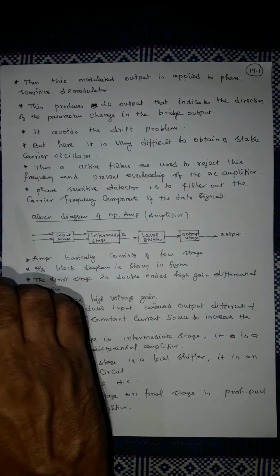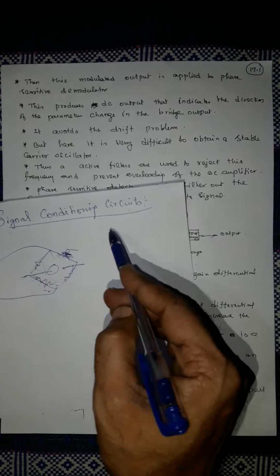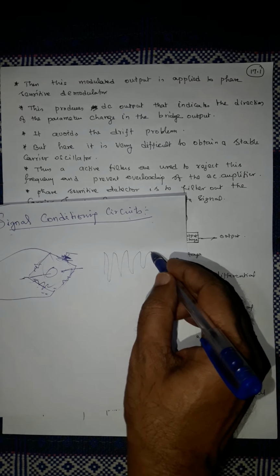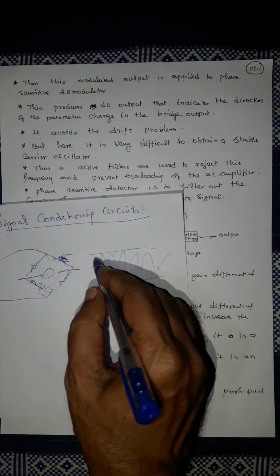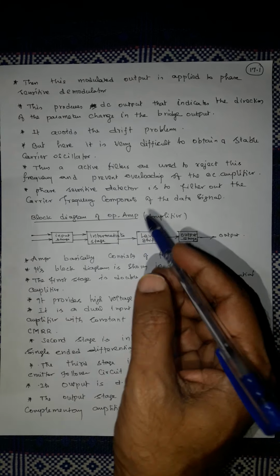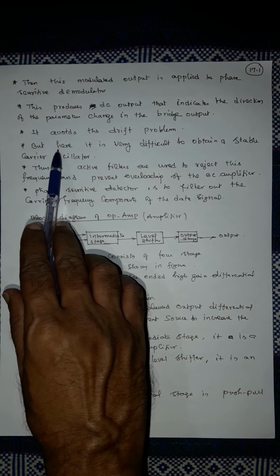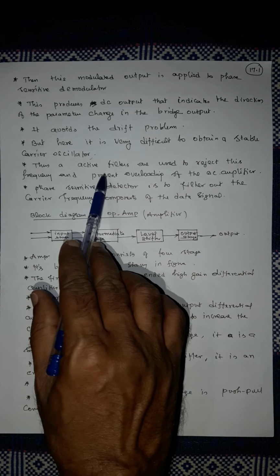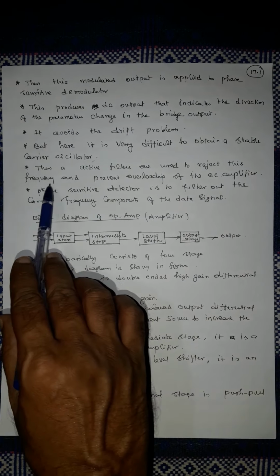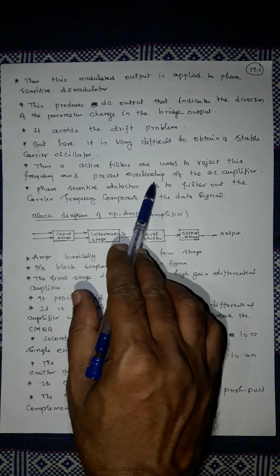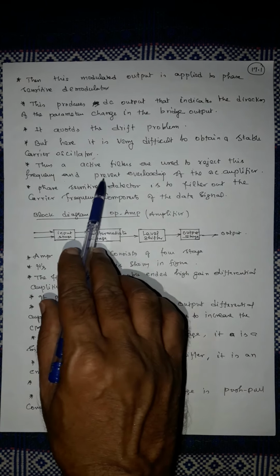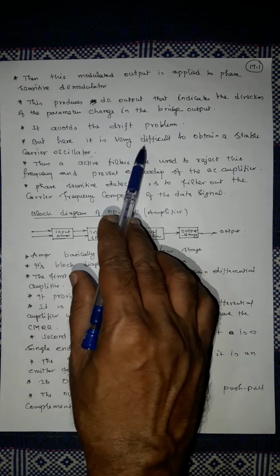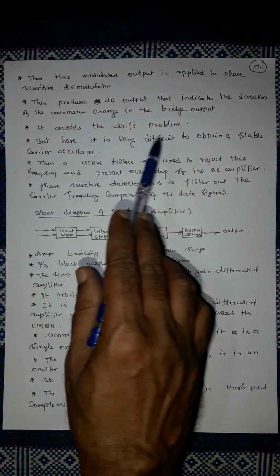The oscillator must maintain the same frequency at any instant, which is very difficult. Thus active filters are used to reject this frequency and prevent overloading of the AC amplifier, or we have to use a crystal oscillator to get a stable carrier frequency.